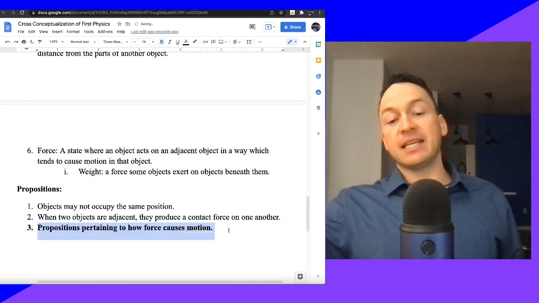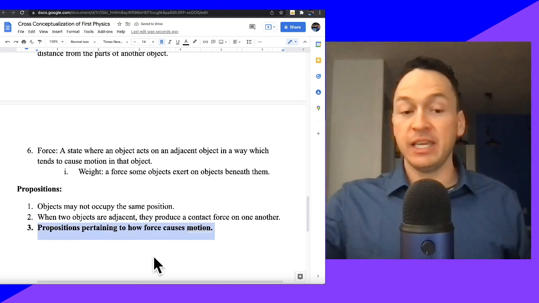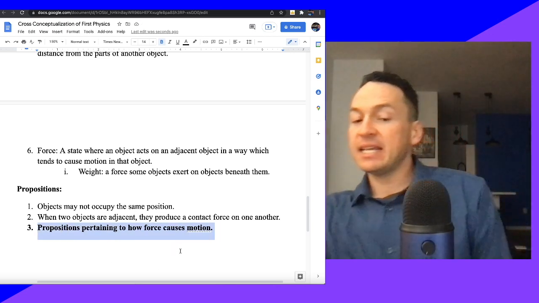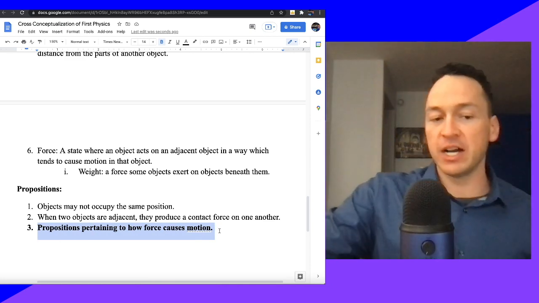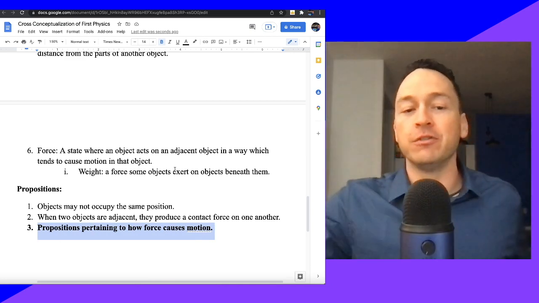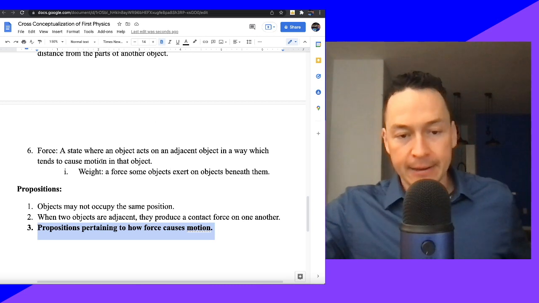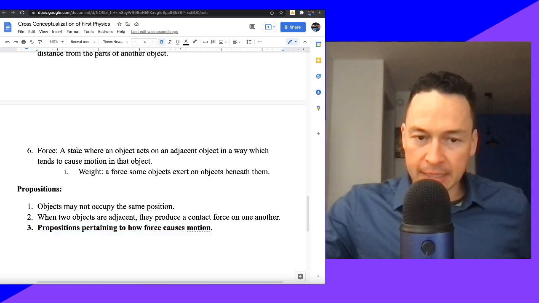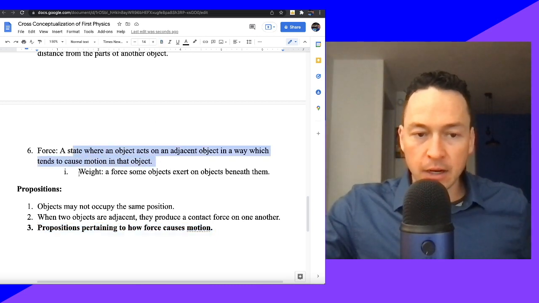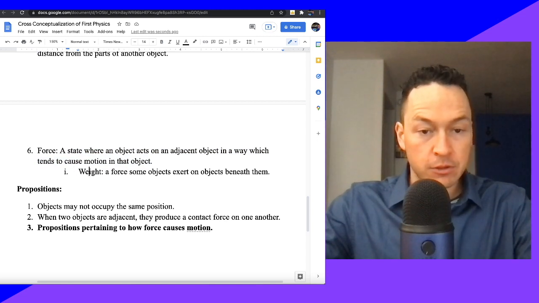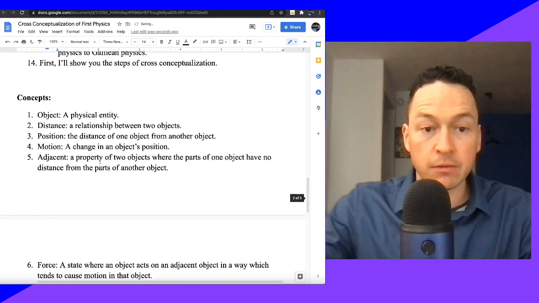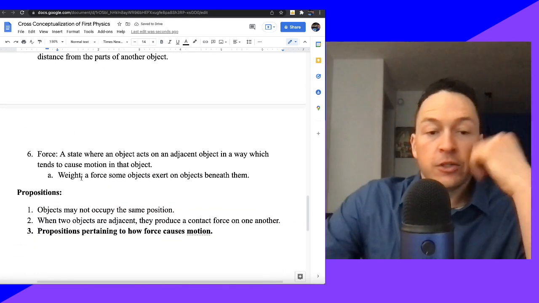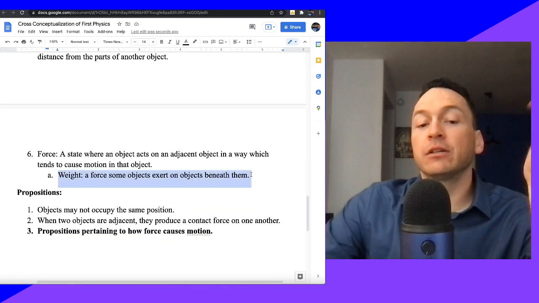I'm going to bold it to say this is not really a proposition. When I get to my propositions, I'm just reminding myself, hey, we've got to think about how force causes motion, and we're going to get to that real soon, baby. Let's do a little housekeeping here. Move that over. We are good. So we've got weight as a particular kind of force.